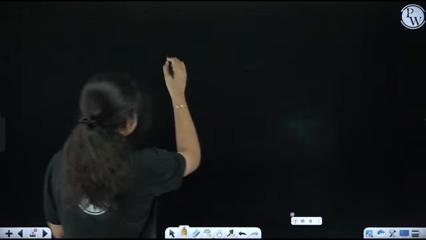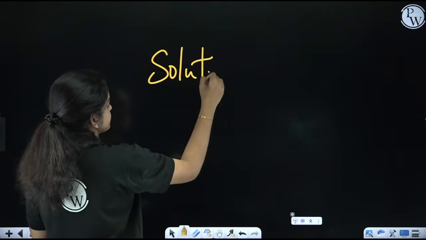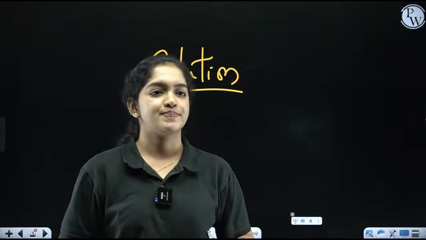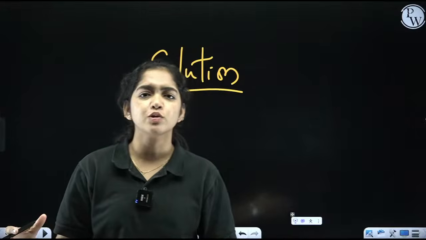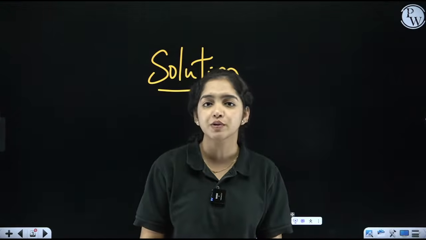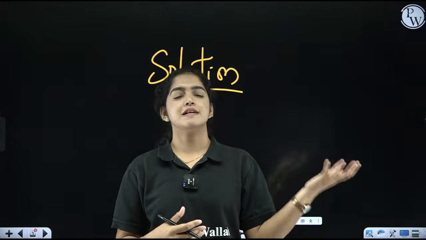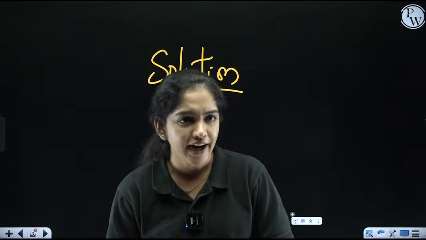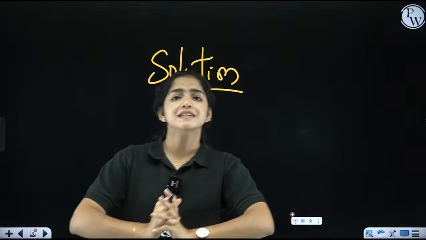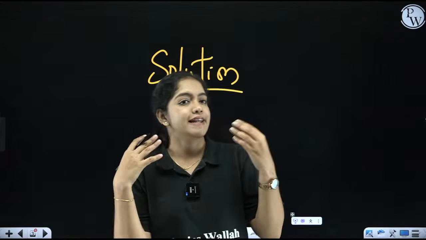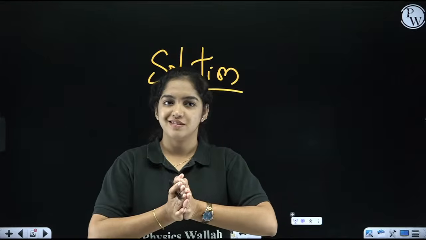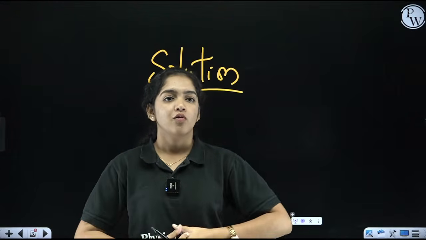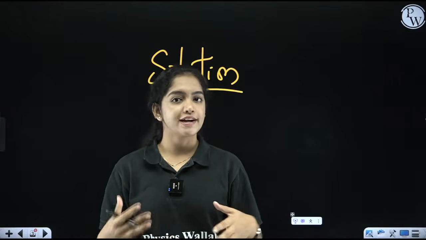We are all familiar with solutions in our daily life. We use many solutions for drinking purposes, like medicines. So what is a solution? How can we make a solution? Can anyone comment, please? No one is commenting. What happened to you? You were very active yesterday, right?